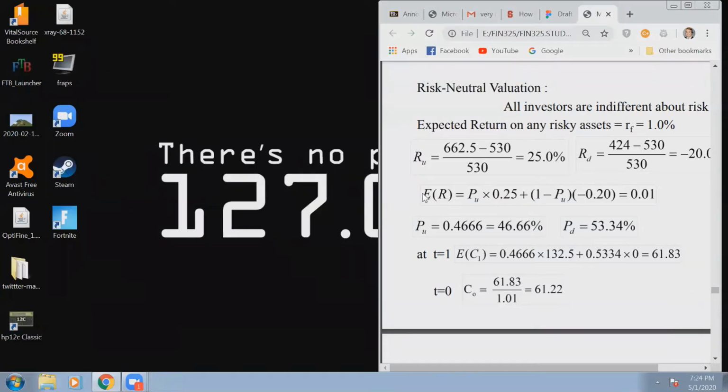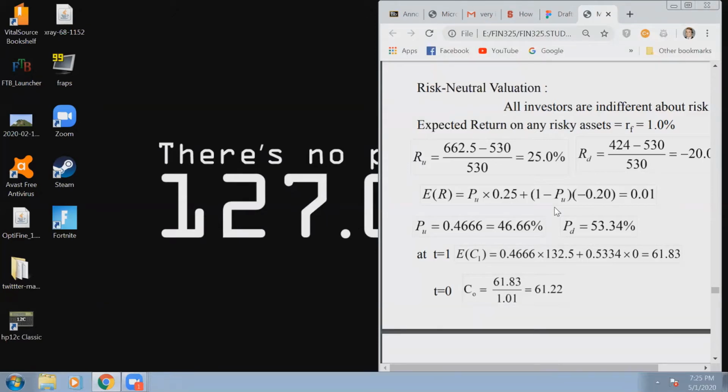Okay, so we know that information. Now take a look at this formula here. The formula is the expected return of the risky assets is equal to the probability of an upturn times the return in an upturn plus 1 minus the probability of an upturn times the return in a downturn. This 1 minus the probability of an upturn is essentially the probability of a downturn, because we have two situations here.